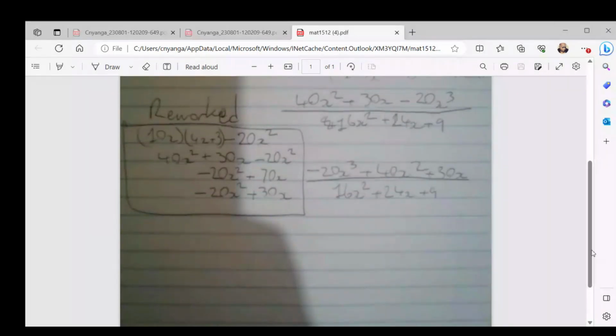Okay, let's say, sir, if he was following the quotient rule, he was supposed to have the formula of f of x multiplied by g of x minus f prime of x times g of x all over g of x squared.